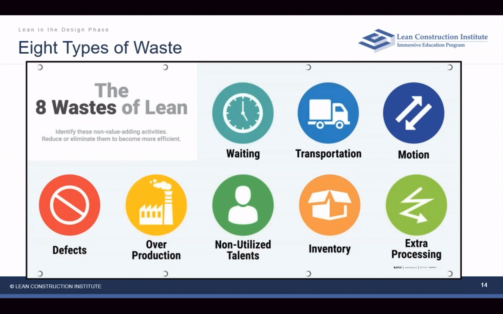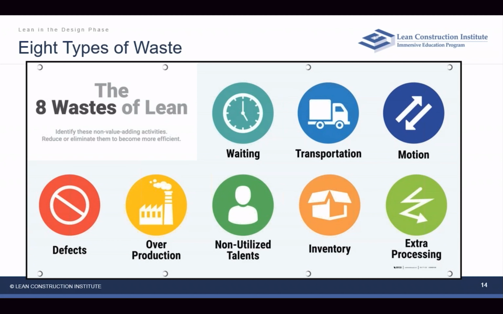And so we're trying to redefine this in a way that applies to us. We have a lot of examples now of the 8 wastes in lean construction, but what we really have to start seeing and gaining the eyes to see is a lens of really seeing the waste that goes on in the design side. And it's a little bit harder because we're often looking at things that are not visible to us.